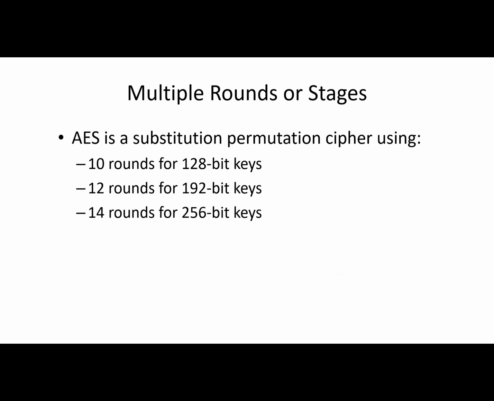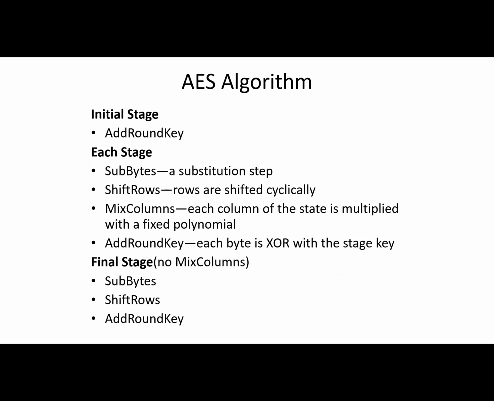Or you can go 14 rounds with a 256-bit key, so it's more secure yet. All right, and we're going to go over all the pieces of this. Again, you ought to know roughly how this operates, but you don't need the absolute details, because I'm not going to ask the absolute details on the test. I might ask, like, what is the substitution permutation algorithm?